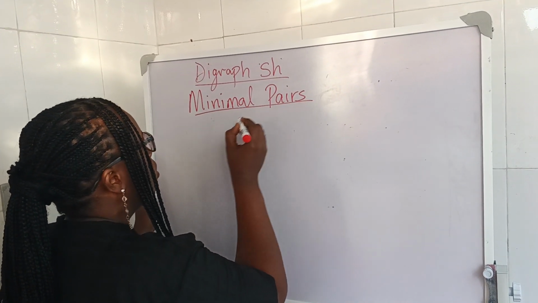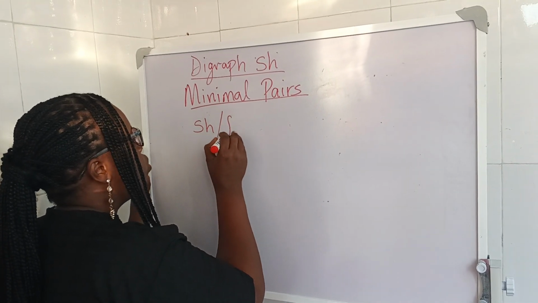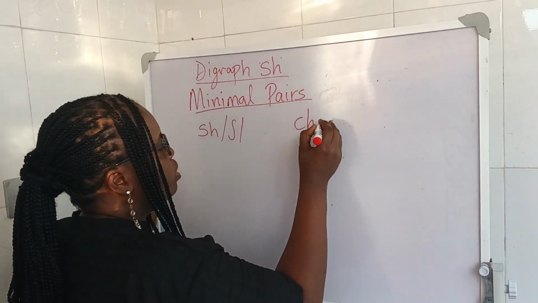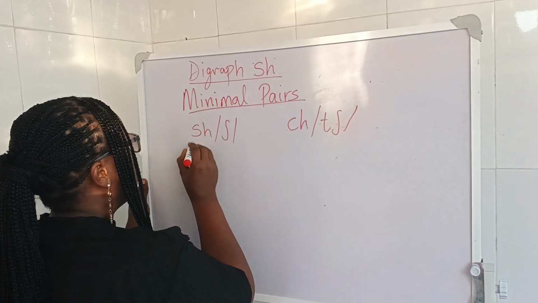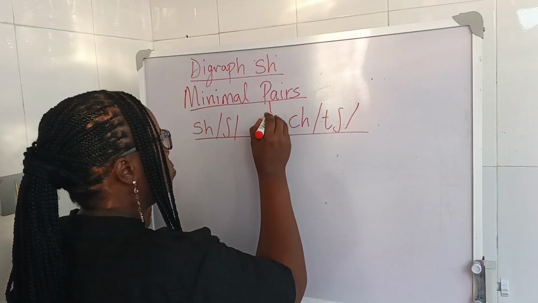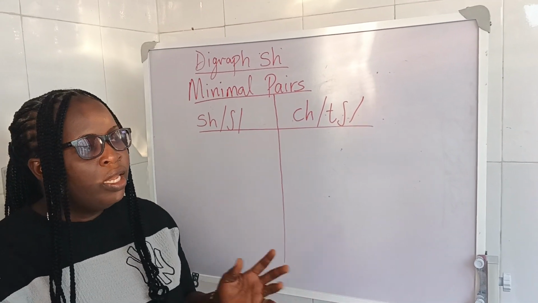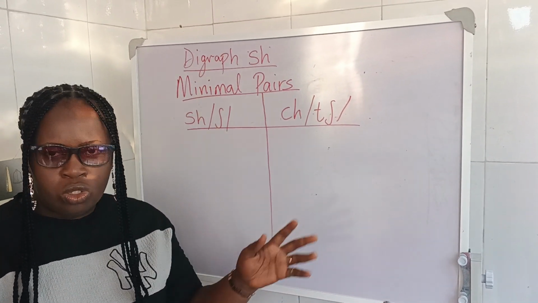The minimal pairs for this sound, which is transcribed this way, and the other sound, which is transcribed this way. Are we all there? Now, why do we want to do the minimal pairs? Why do we want to compare these two?